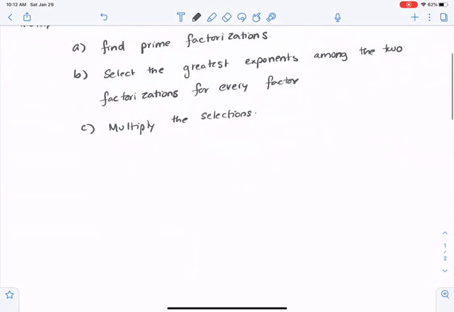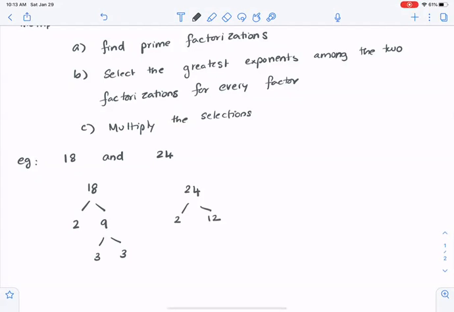Let's take as an example 18 and 24. Well, for 18, we could come up with a prime factorization. 2 and 9, 3 and 3. 24, 2, 12, 2, 6. 6 times 2 is 12. 2, 3. 3 times 2 is 6, and that's the farthest we could go.